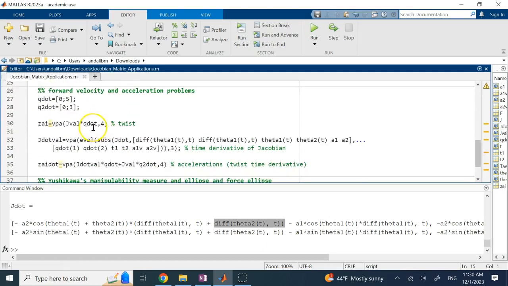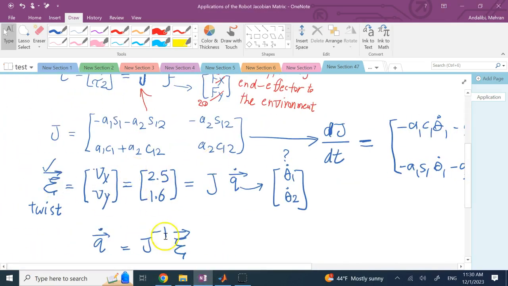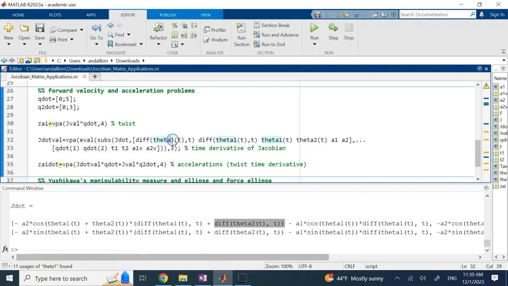So I'm multiplying that j by the q dot, and that is going to be xi, or v of the end effector, as we just mentioned down here, right? And then for my xi dot or A, you see I multiplied j dot by q dot and j by q double dot, right?